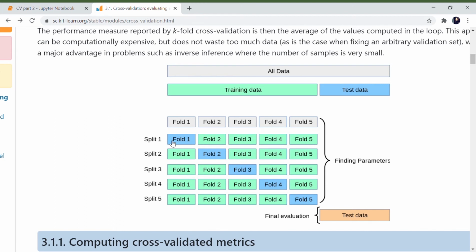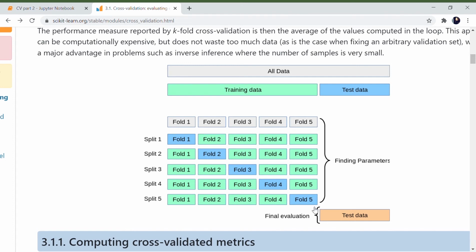Each time we leave out 1 fold, we train the model on the other 4 folds, and then we test on the left out fold, and we get the mean squared error. At the end we take the average of all the different mean squared errors that we obtained, and this is our actual mean squared error.